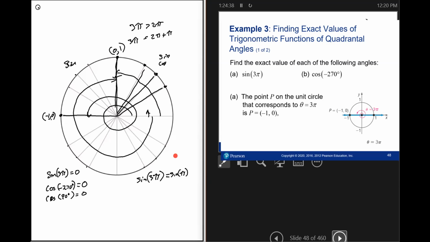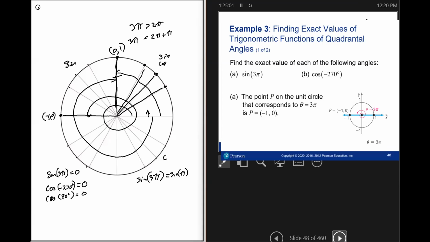And over here, all the x values will be positive. So the cosine will be positive and the secant will be positive, and all the other measures will be negative. So it's just a matter of knowing what's going on there.